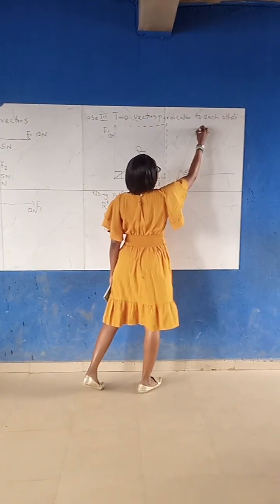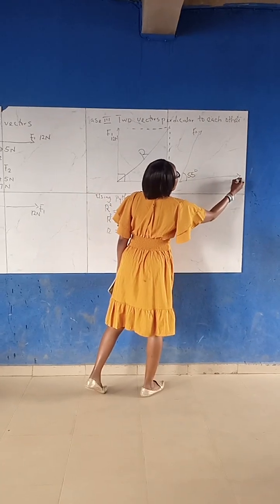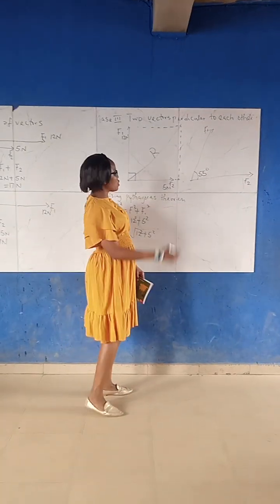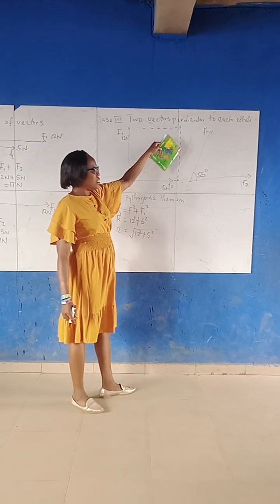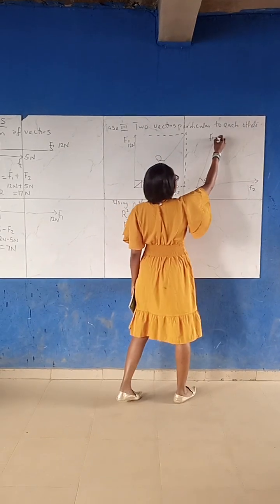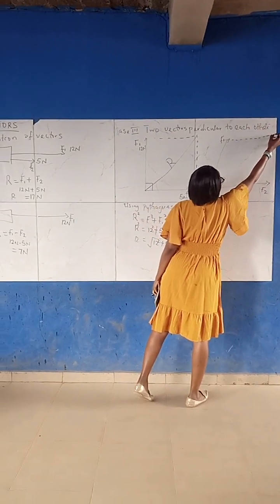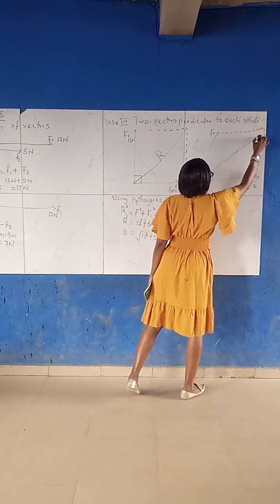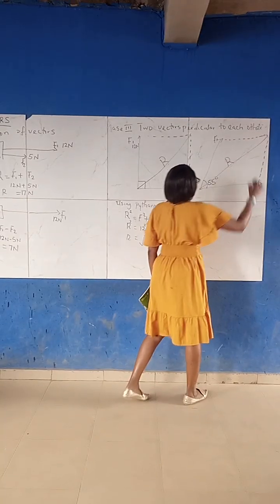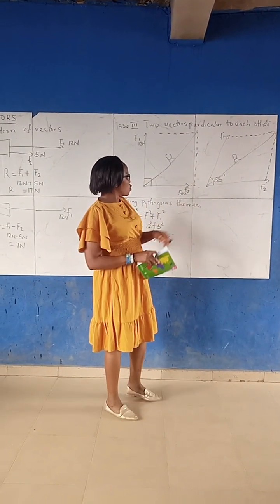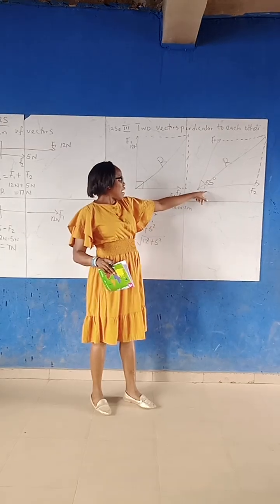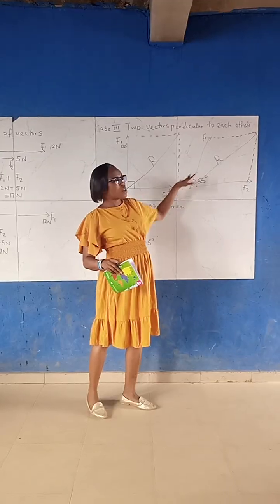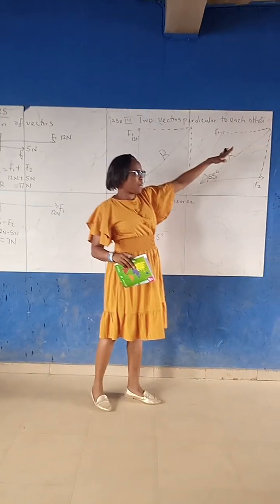So we have F1 and our F2. Now, what are we going to do here? We are going to complete this shape, and this is going to give me a parallelogram, and the diagonal is going to give me the resultant. Now, to find the resultant of two vectors acting at 55 degrees to one another, I'm going to find the diagonal of this parallelogram.